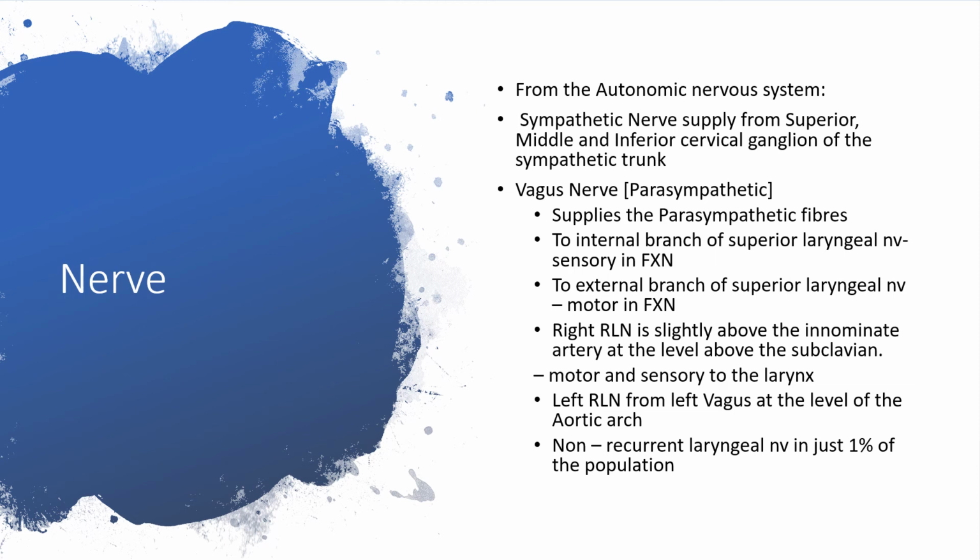The left recurrent laryngeal nerve from the left vagus will be at the level of the aortic arch, and the non-recurrent laryngeal nerve is found in just 1% of the entire population. I repeat, the non-recurrent laryngeal nerve is found in just 1% of the entire population.